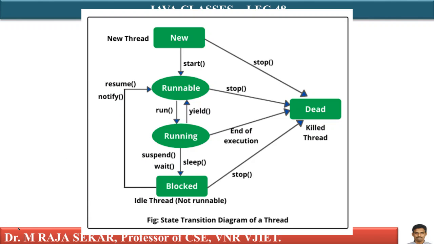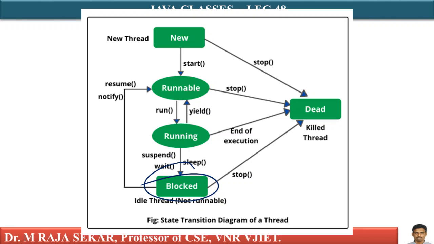Now, what is this blocked state? What does it mean? A thread is said to be in blocked state if it is prevented from entering from runnable state to running state. That's important. You can use suspend method, sleep method, wait method, isn't it?